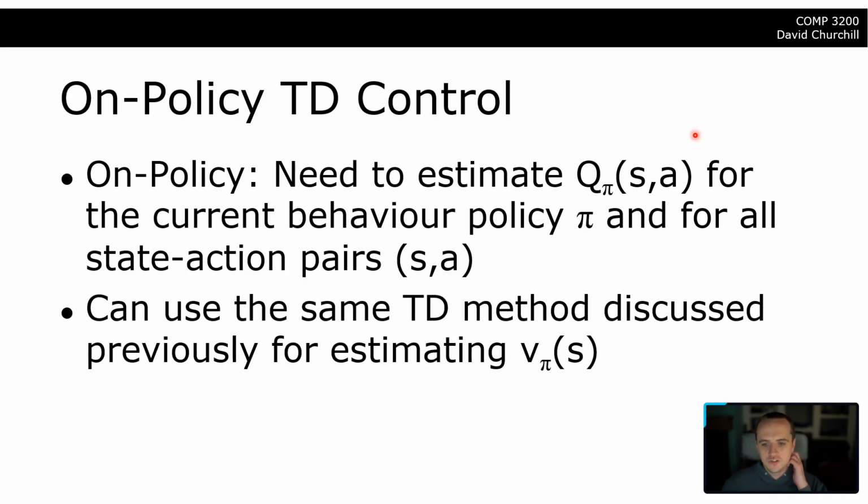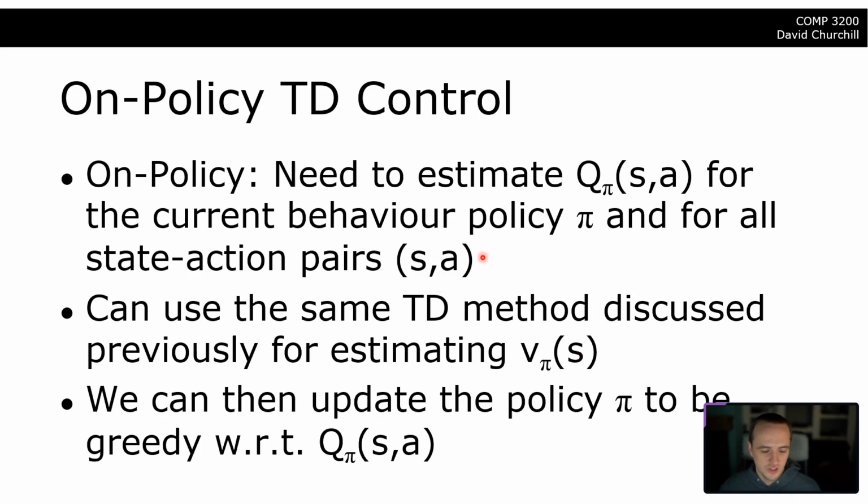So we can use the same TD method discussed before for estimating V pi of S, but now we're just using Q of S,A. We know the difference between those now. And then what we could do is just update the policy pi to be greedy with respect to Q pi of S,A. So this is no different than anything we've discussed before.